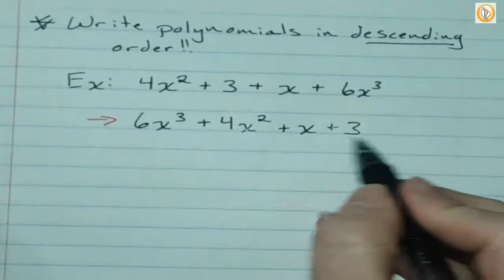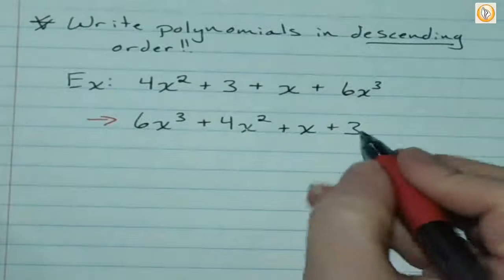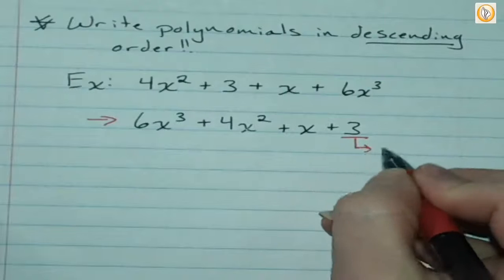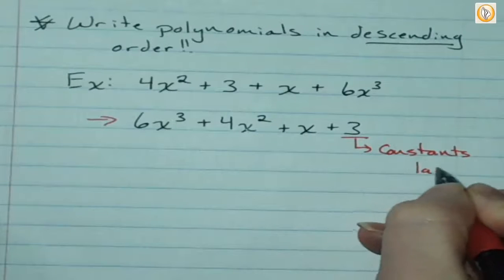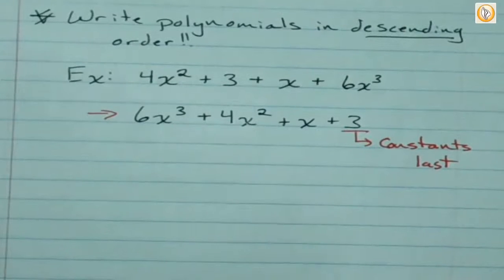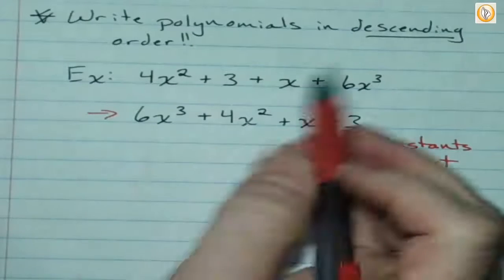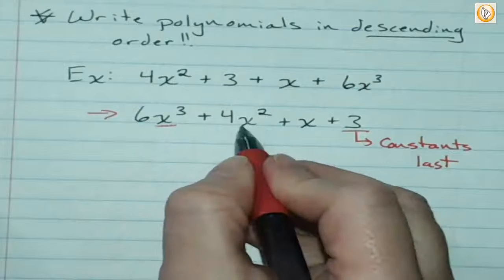Your constants are usually always last. When they're by themselves, you need to just go ahead and put them at the end. So it's big to small. Yeah, descending order, that's right. And you're focusing on your letters.